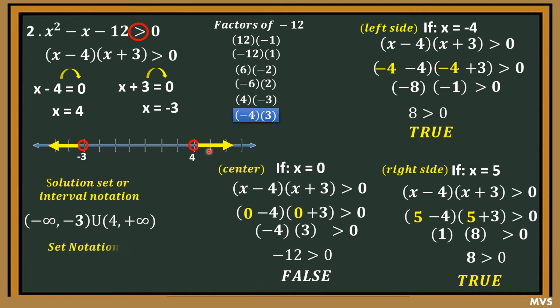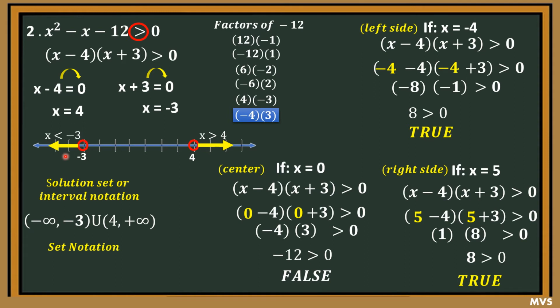Then, let's have here set notation. Let's go back here. You can see here that x is greater than 4. And you can see here negative 3. Therefore, x is less than negative 3.